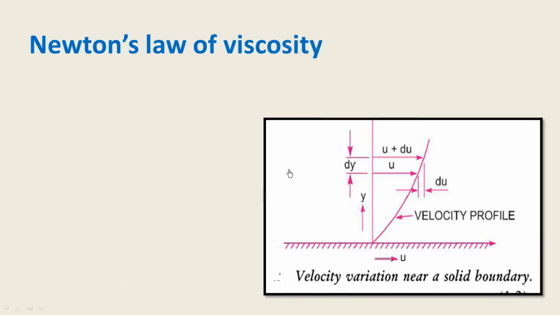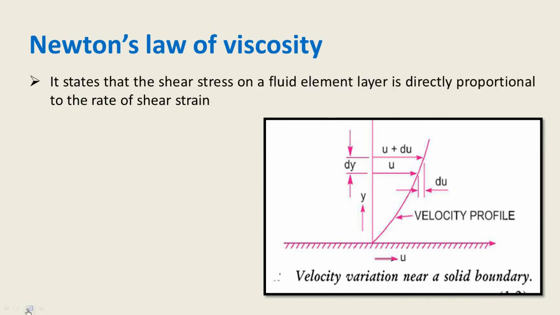Then coming to Newton's law of viscosity. Newton's law of viscosity states that the shear stress produced in the fluid layer is directly proportional to the rate of shear strain. You can see in the figure we have a fixed surface, and here there are two layers.